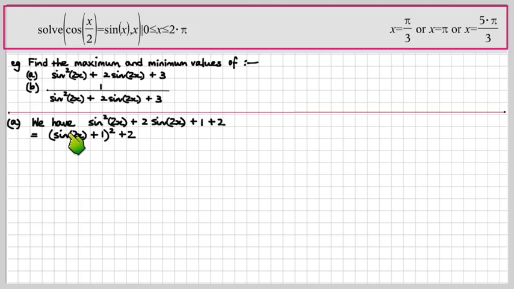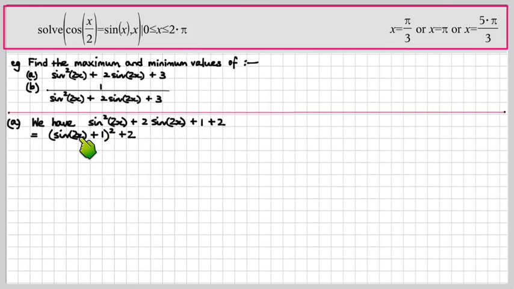Now, what would get you the minimum value of this squared term? Think about that. Well, if we went minus 1 for sine 2x, which is the minimum value, that would make that whole term in the bracket 0, and that'd be no good, because that'd make that 1.